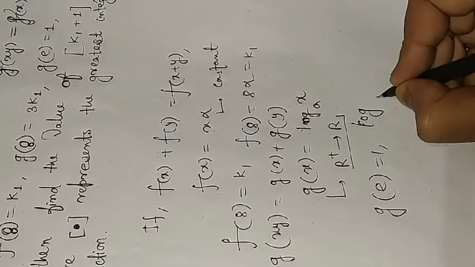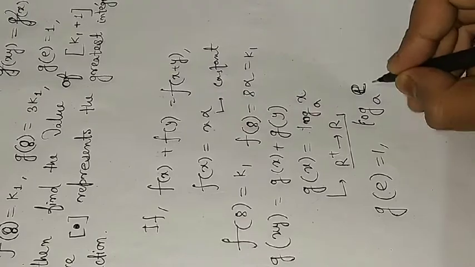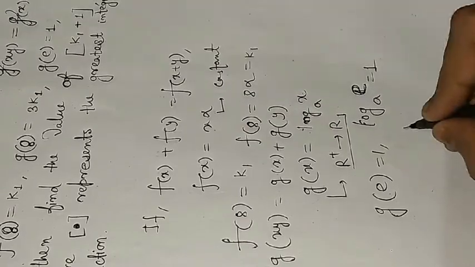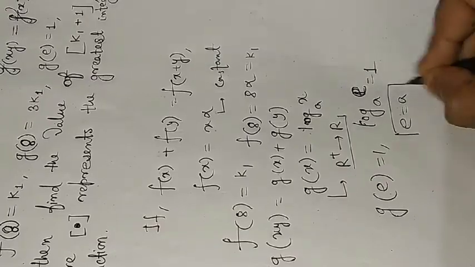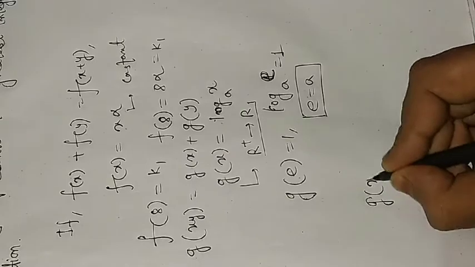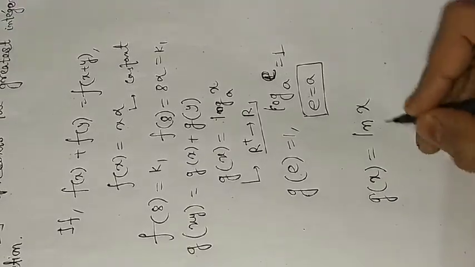So we are now putting the values. log of e to the base a equals 1. Now you can say e = a. So our function reduces to ln x.